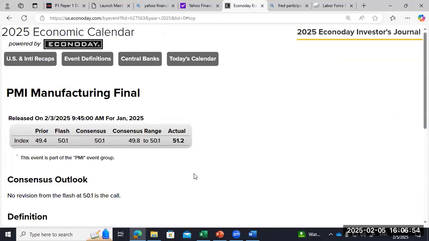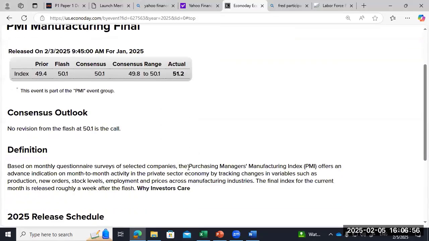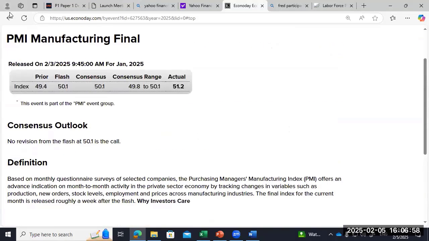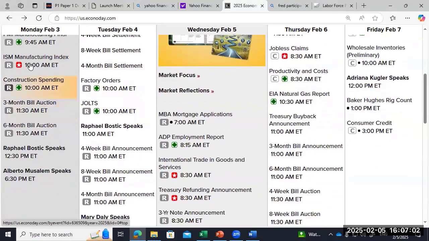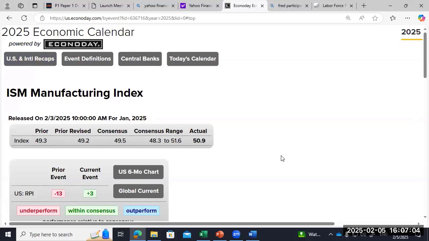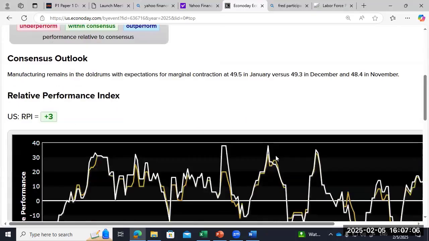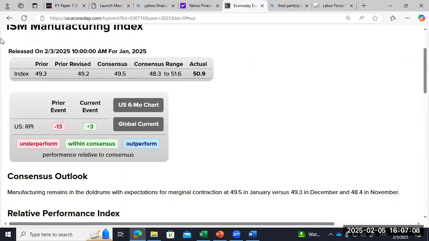The ISM and PMI used to be the same, and then they split them off, so it gets confusing. But ISM is the one you really want to talk about. There's more detail in ISM than what they're showing. Probably the most important number is the new orders. They don't show it here, but if you go to Bloomberg, they show all of that. You can see how strong new orders were, because that ISM is future looking.